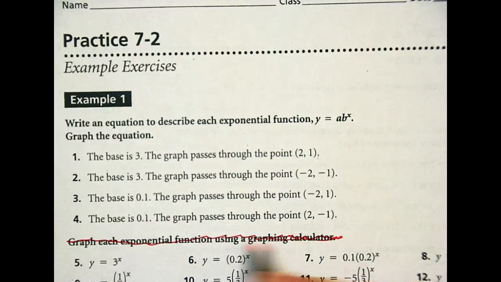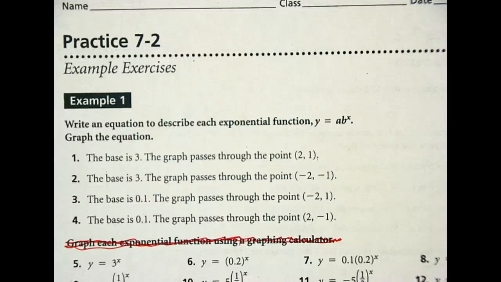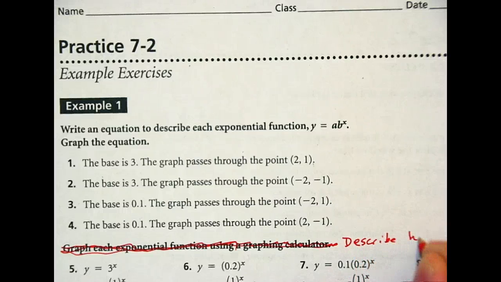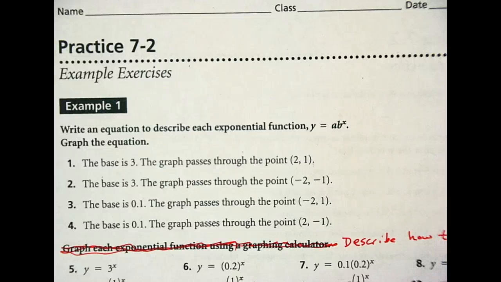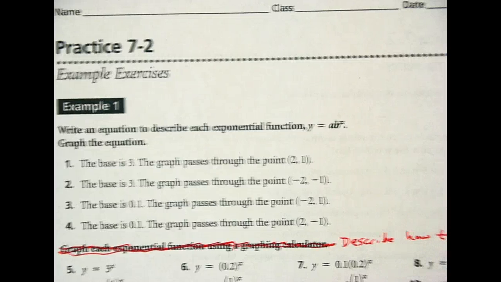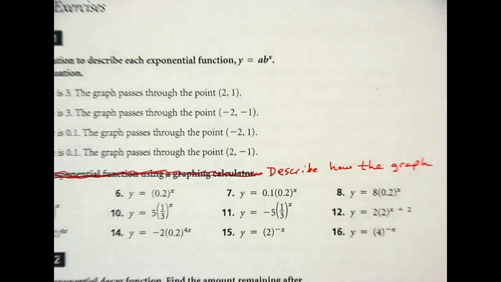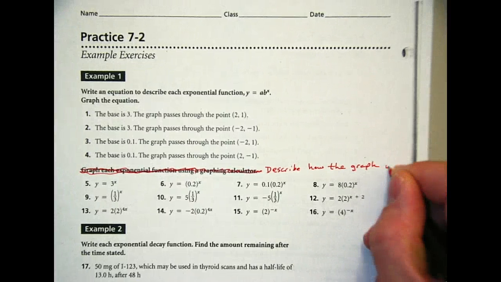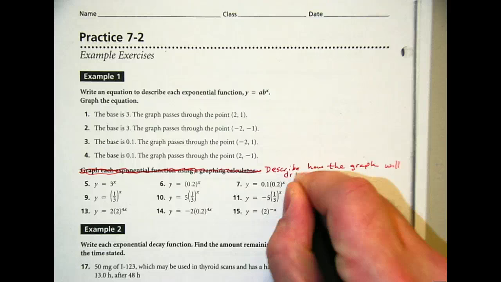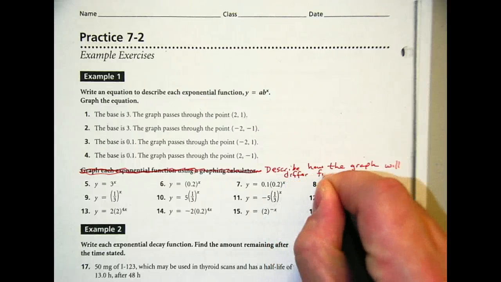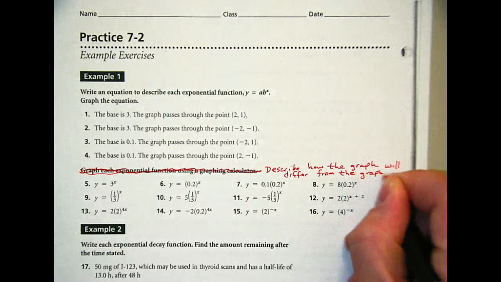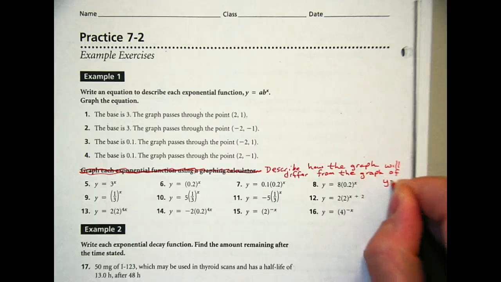You could check it on your graphing calculator if you want, but I want you to describe how the graph will differ from the graph of y equals 2 to the power of x.